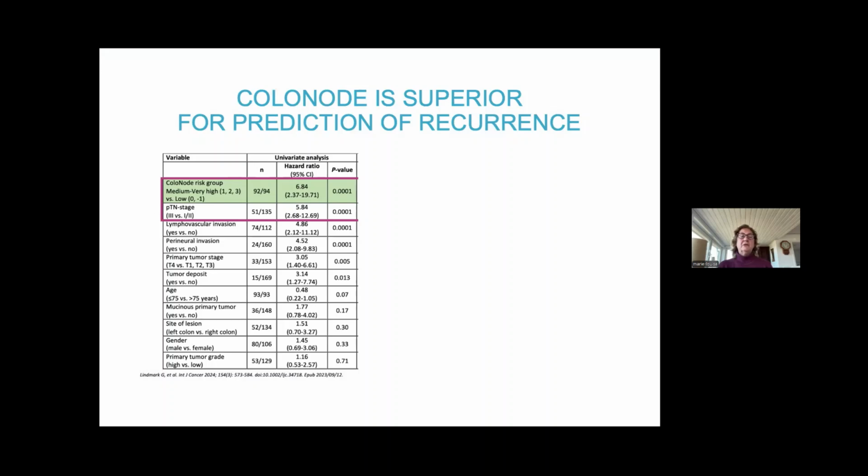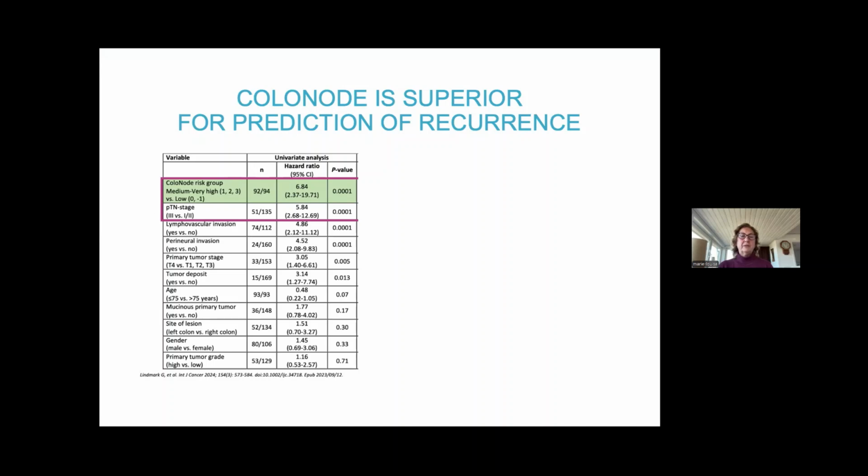So we went further to a comparison of the different parameters used to characterize and estimate the risk for recurrence for the patients. In this group, ColoNode as such was the most efficient marker.